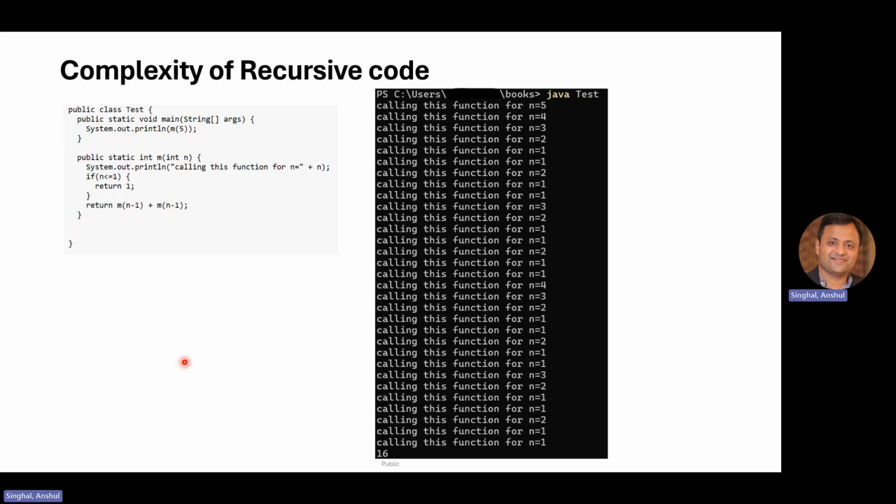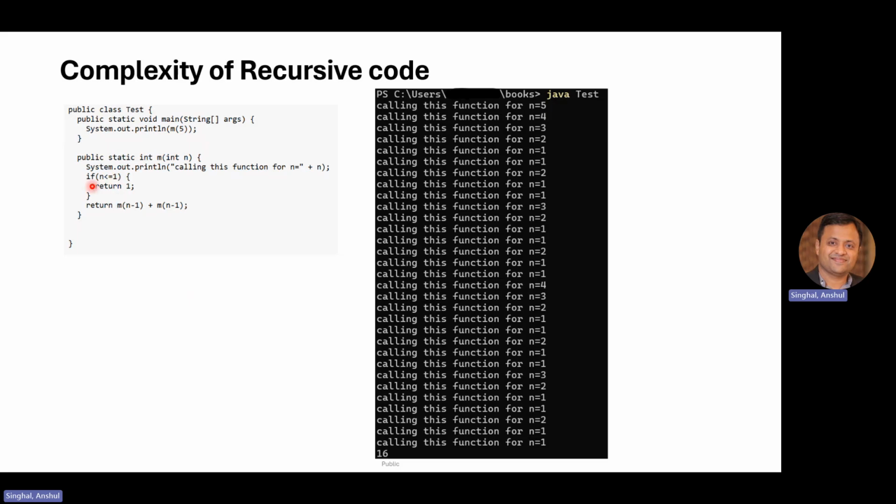In this case, the very first thing is the print, which is constant time, since it doesn't depend on anything. Then in the if block, where we check if my value is less than or equal to 1 and return 1, this is also constant time.